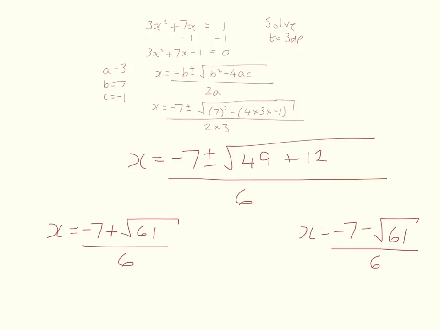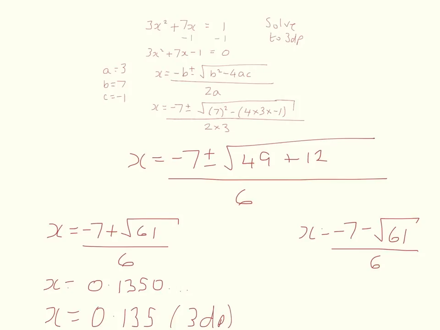So x equals minus 7 plus the square root of 61 over 6 would give us x equals 0.1350, and to 3 decimal places, that would be 0.135.